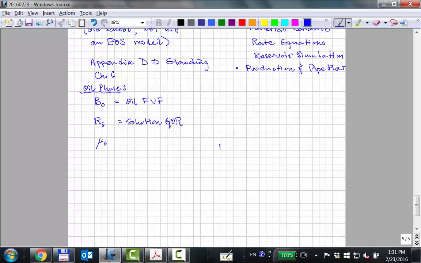Just very briefly, what are these properties? Well, if we're down here at reservoir temperature or at any temperature and pressure, and we have an oil, okay? And let's say that we have a certain volume of that oil, and we take that oil to the surface, okay?